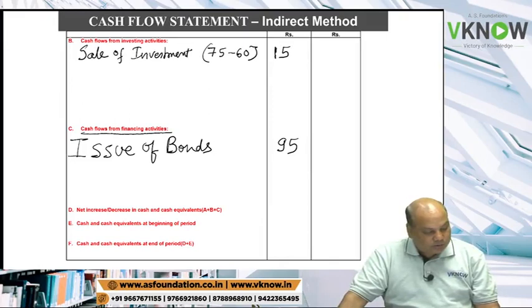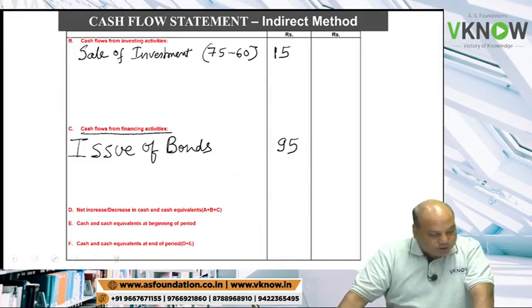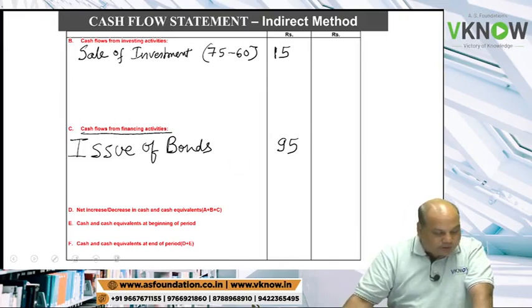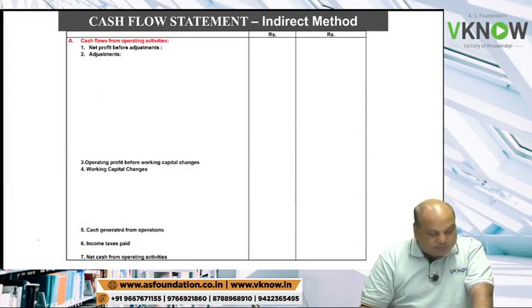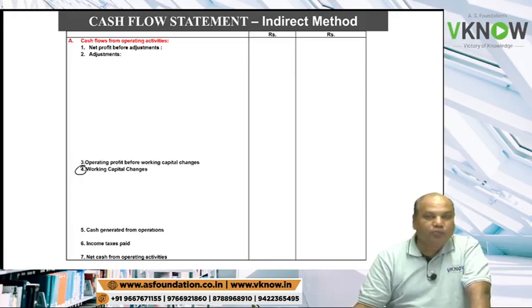Next item is current asset. In current asset, we have inventory, accounts receivable, prepaid expense. We will write in operating activity, point number 4, working capital changes.